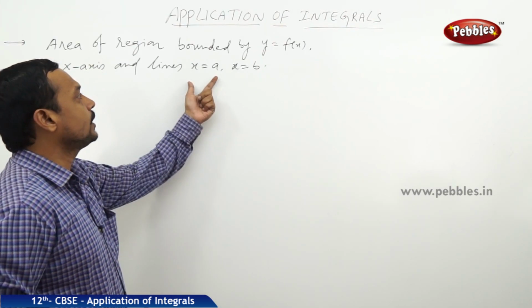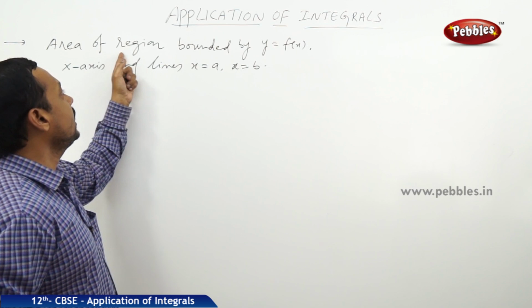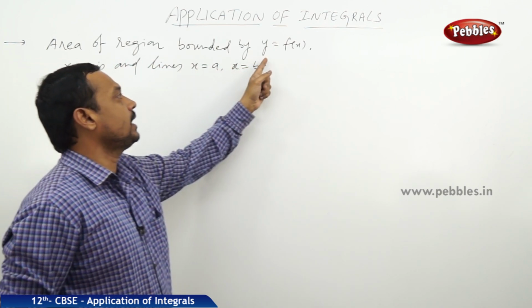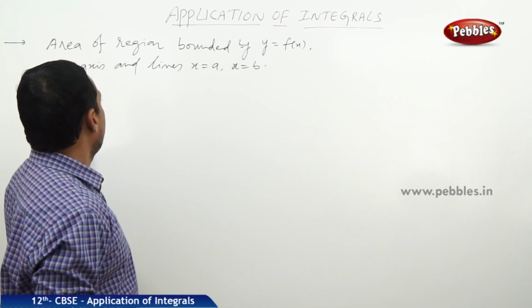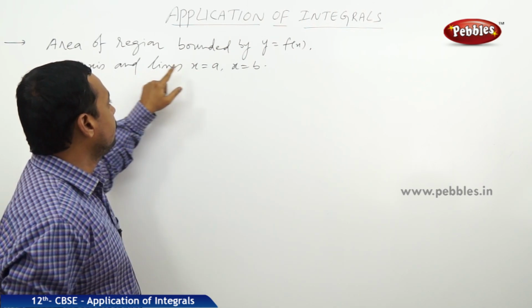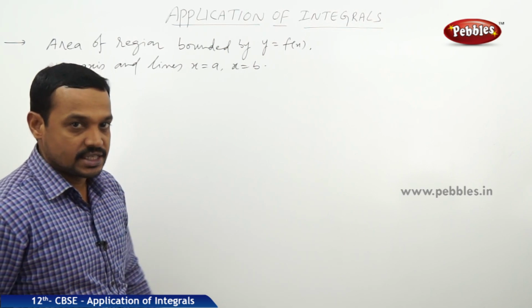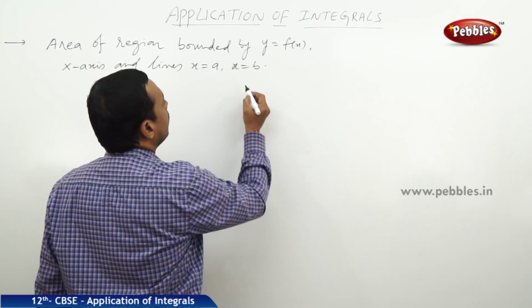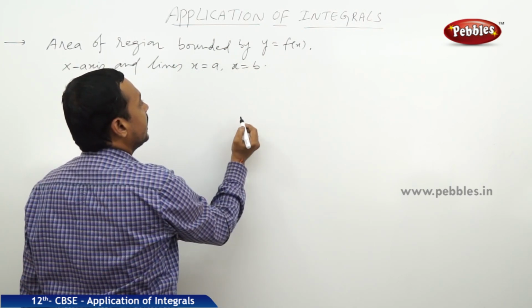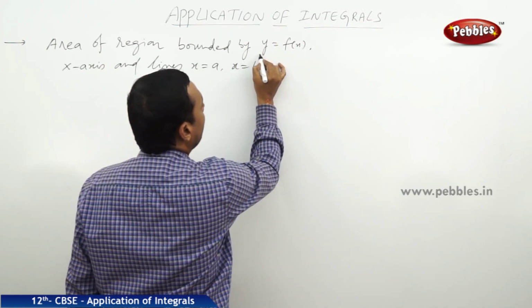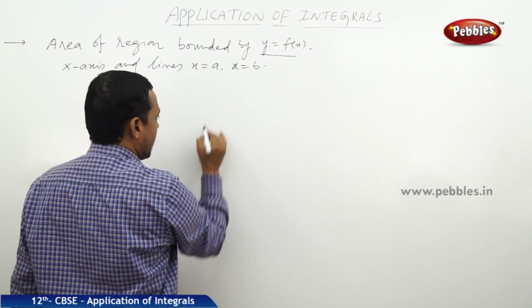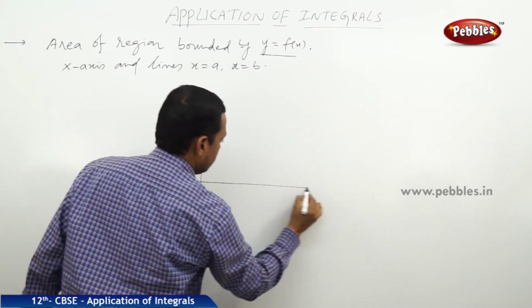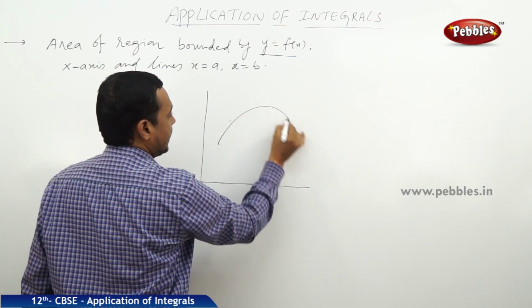Now let us find the area of the region bounded by some curve y is equal to f of x, x-axis, and between the lines x is equal to a and x is equal to b. Now let us take the function or the curve y is equal to f of x like this as shown in figure, just above the x-axis like this.